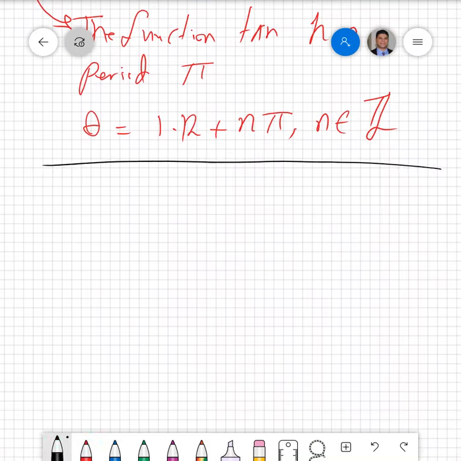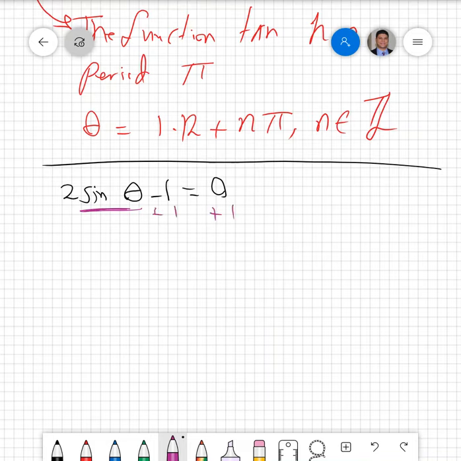Solve the equation. 2 sine theta minus 1 equal to 0. So first we have to isolate the trigonometric function to make it a simple trigonometric equation. So plus 1 plus 1, 2 sine theta equal 1, sine theta now equal to half.